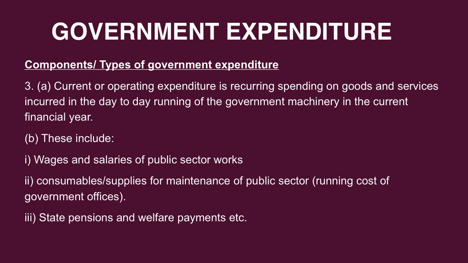These are such as paying salaries and wages to government servants, civil servants; purchasing supplies for maintenance of the public sector, or running costs of government offices; and paying pensions, welfare payments, and other transfer payments.